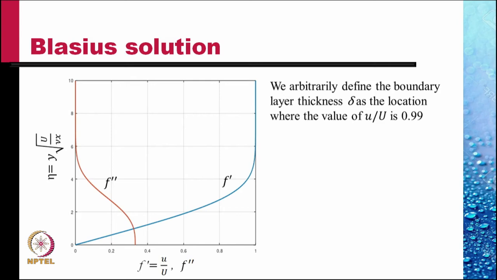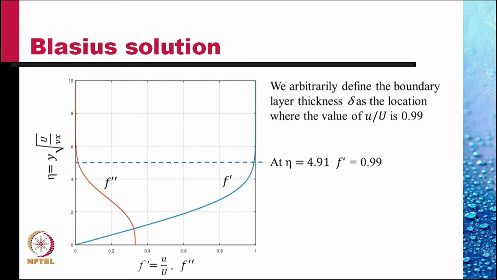We define this as the boundary layer thickness. And so this is obtained at eta equal to 4.91, where f prime is 0.99. So the boundary layer thickness is that value of y for which eta is 4.91.